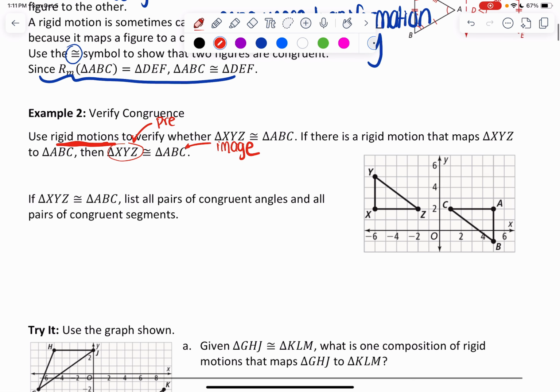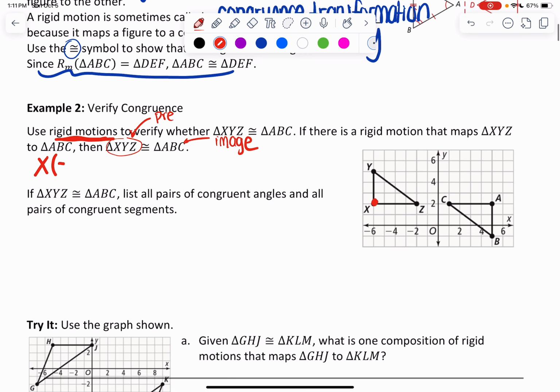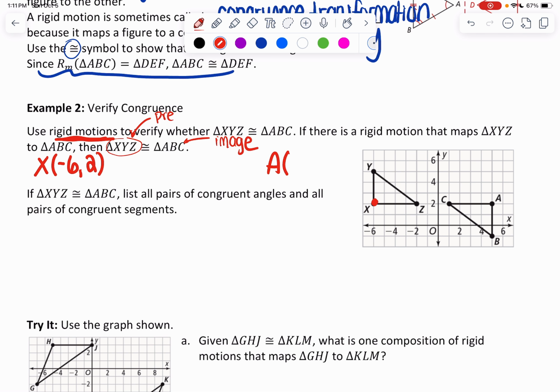So I can pick point X, which is at this point right here, (-6, 2), and I'm going to see how I can map it to eventually get to A, which is at (5, 2). We just need to fill in what we need to do.